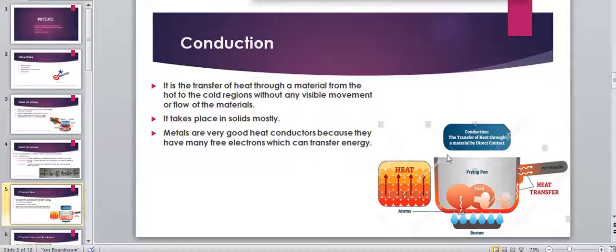For example, as you can see here in this diagram, when you place this saucepan on the Bunsen burner, after some time it will absorb the heat from the burner, and whatever is inside it will start to boil.